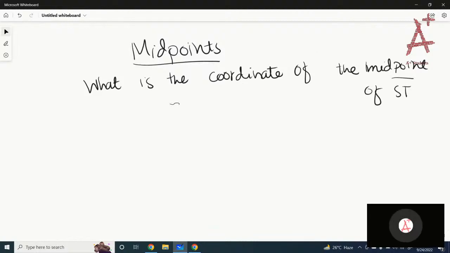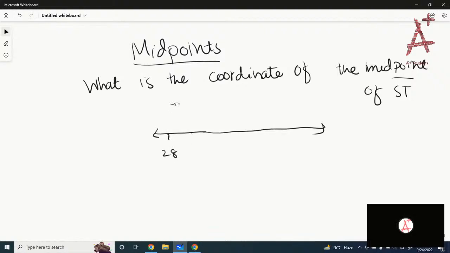So basically ST is a line segment and you have to find the midpoint of the line segment ST. Got it? Okay, let me draw the line segment.